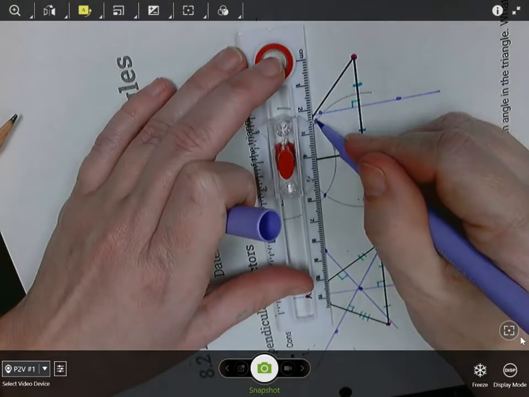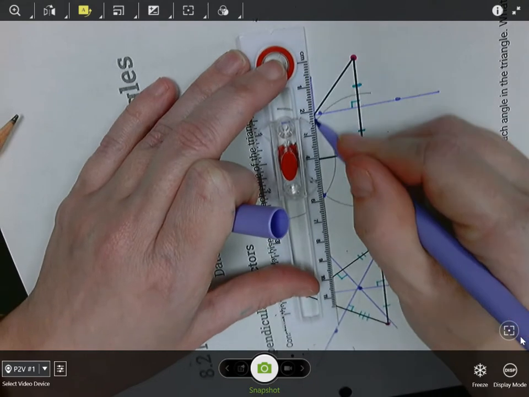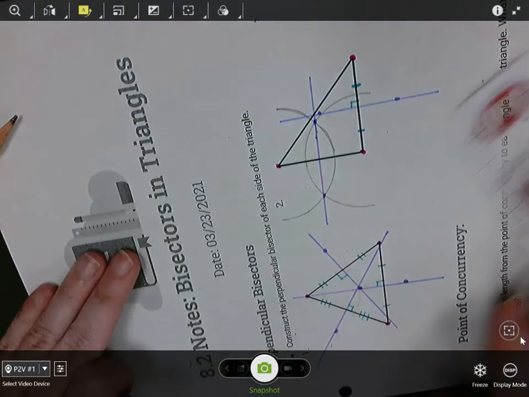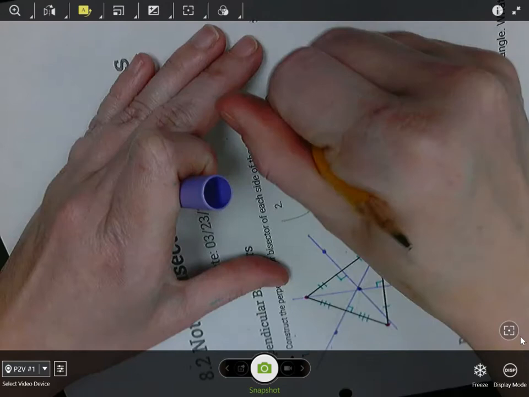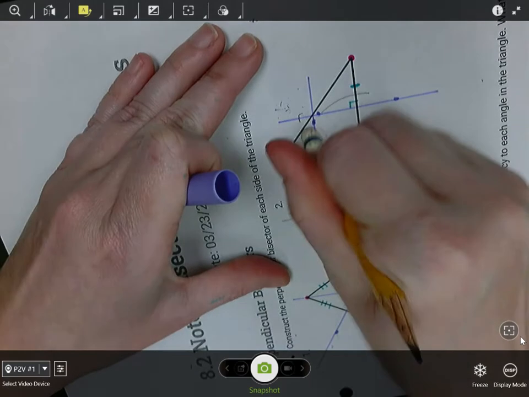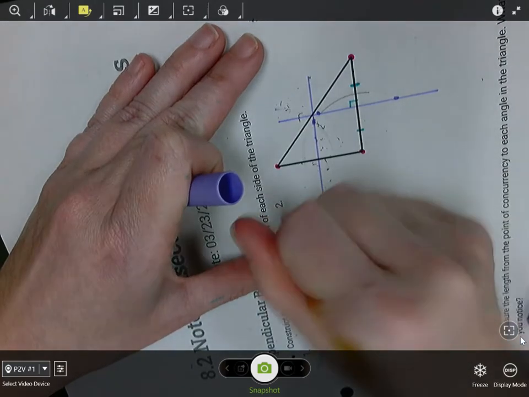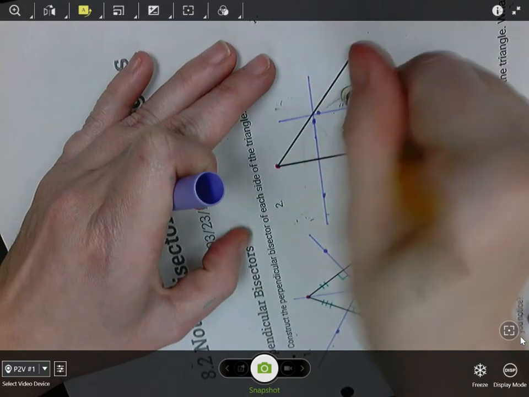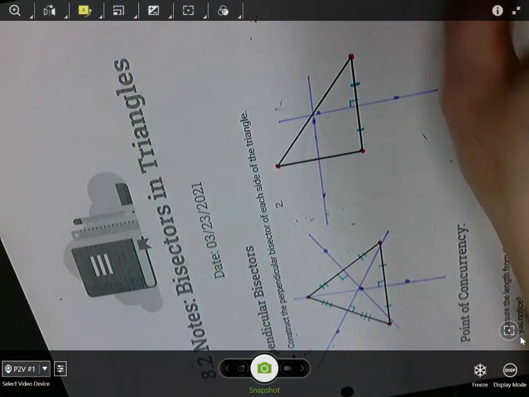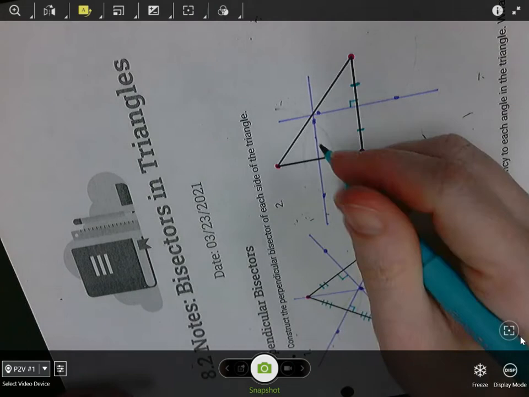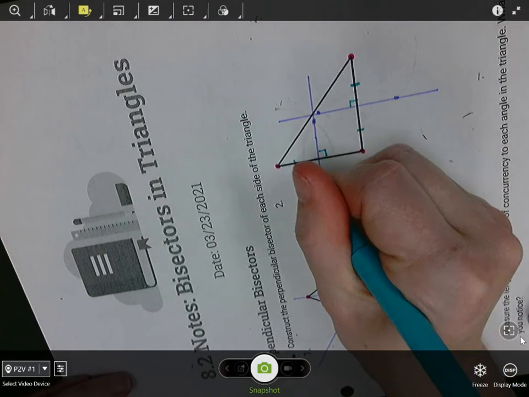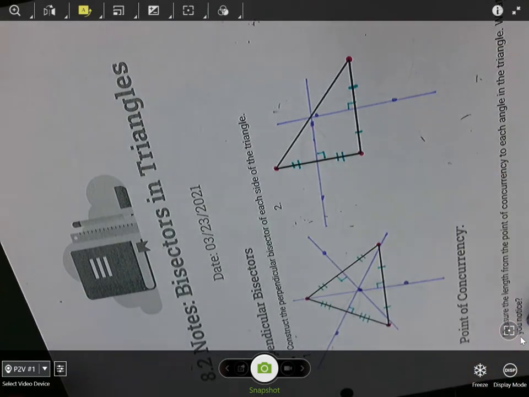Line up your ruler and draw your line connecting those 2 points. I'm going to erase my arcs. And what that means is these two lines here are perpendicular and this segment's congruent to this segment.